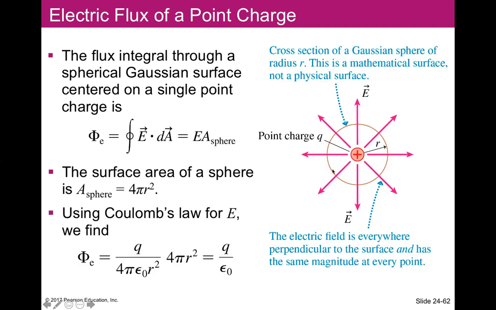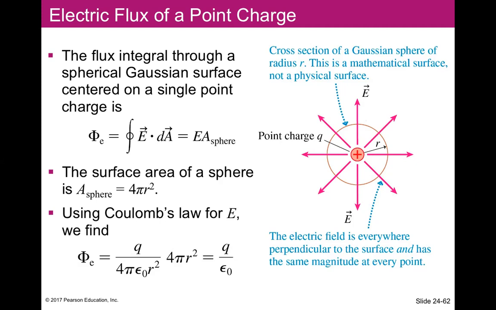For example, in this question, when we're trying to calculate the flux by a spherical Gaussian surface, the easiest surface we can draw is a sphere which is centered at the point charge center.